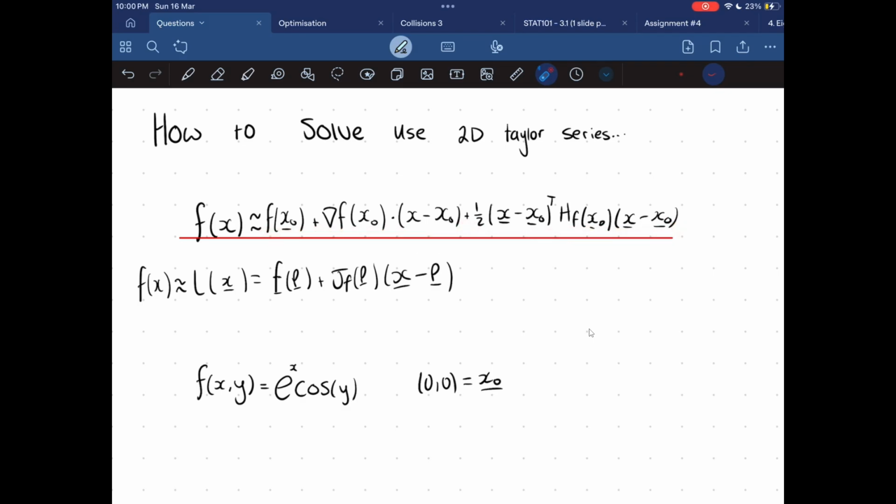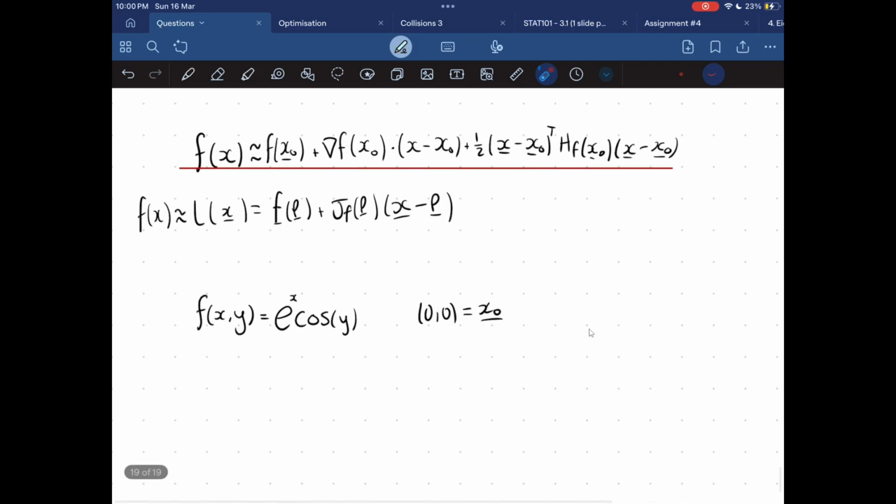So this formula looks a bit daunting because it's actually quite a long formula and there's just a lot of stuff going on there, especially with vectors and gradient notation, the Hessian matrix, and also there's a Jacobian. So in this case, the best way to approach these kind of problems is to break them up.